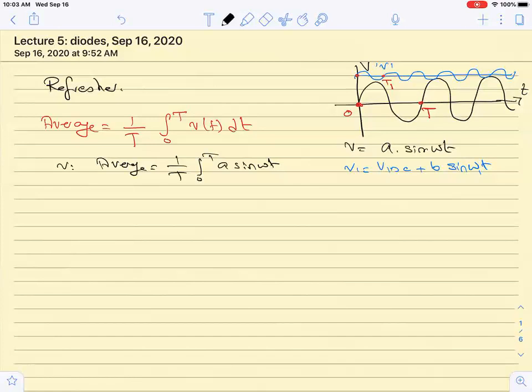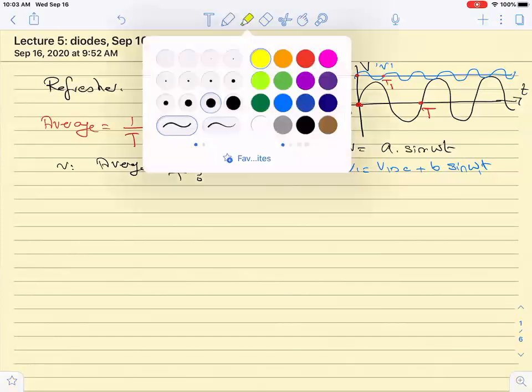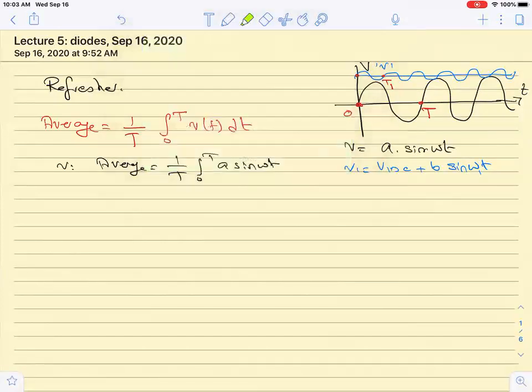So the integral for V is going to be the area under the curve here and here. Are those two areas equal and opposite in sign? What does the integral of the sine come out to? Yes, sure. Zero.